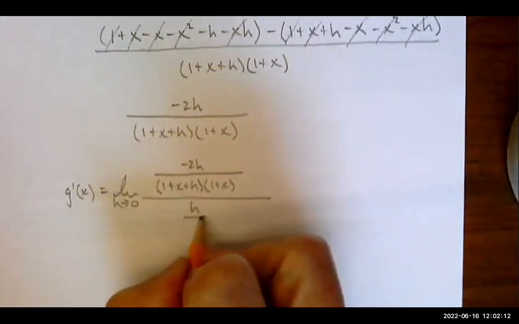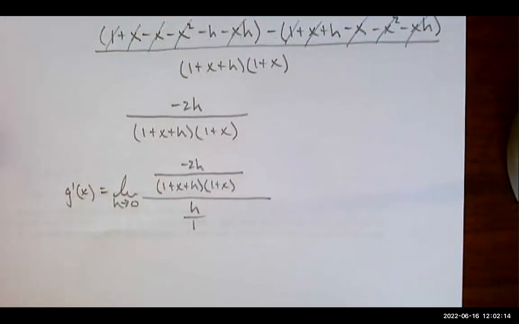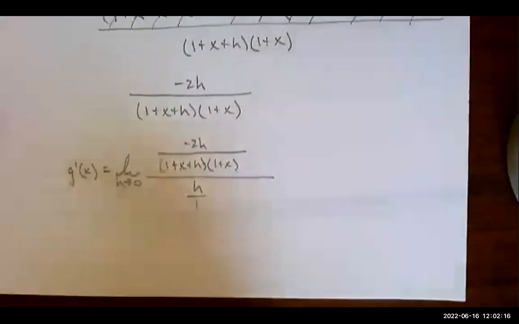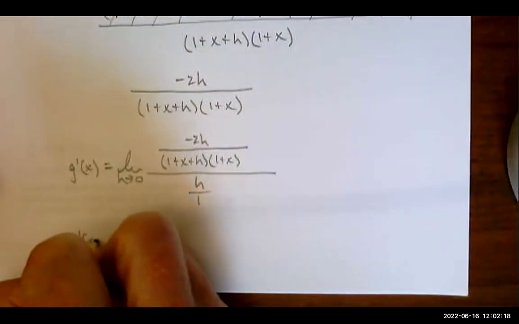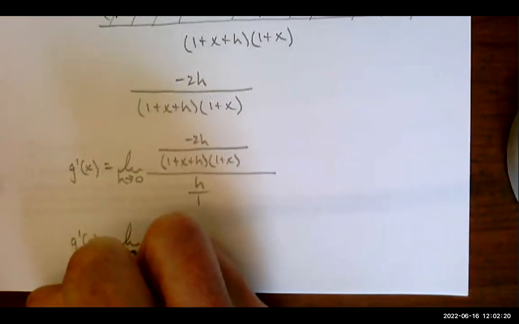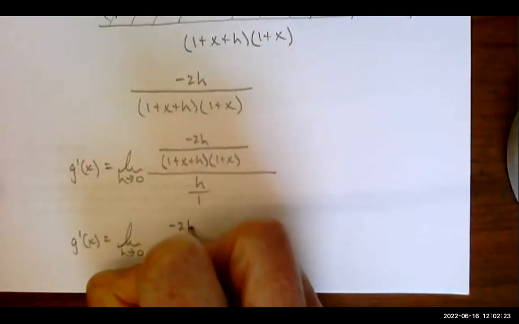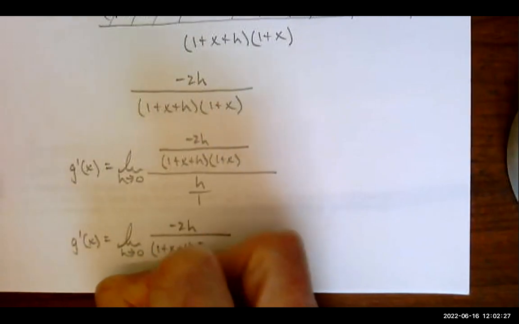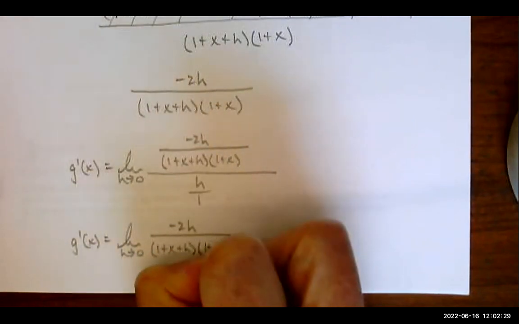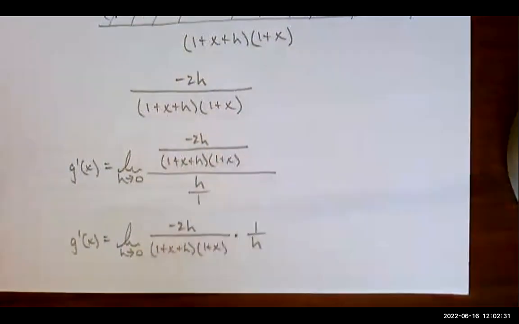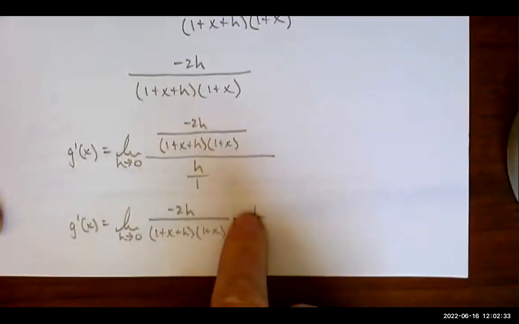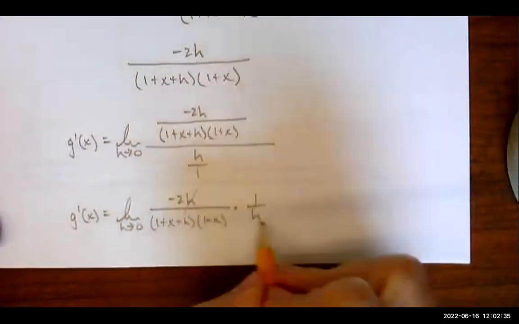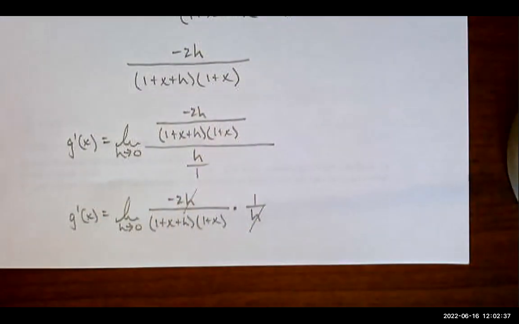Think of this as h over 1, and then we'll flip and multiply. You may remember this nifty algebra trick. Flip that h over 1 to 1 over h, and then what do you know? Boom, h's cancel.